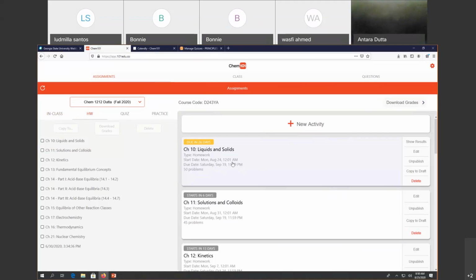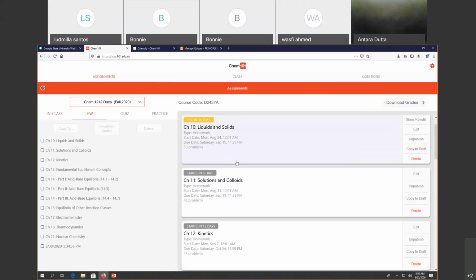And all the assignments are due just before the test night. If you look at the exam schedule, all your homework should be due before the test. So I'm not putting any pressure on you. You practice and finish before the test. Right now I can tell you that chapters 10 and 11 should be due before the first test.